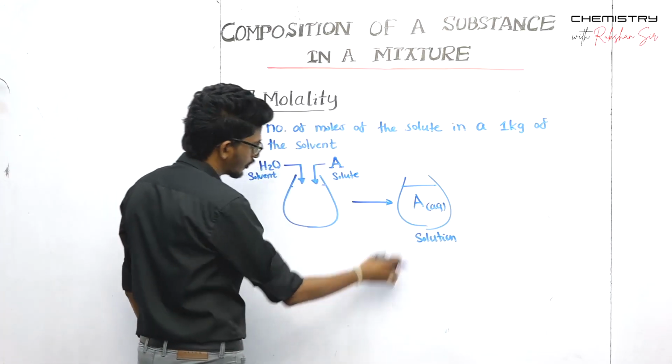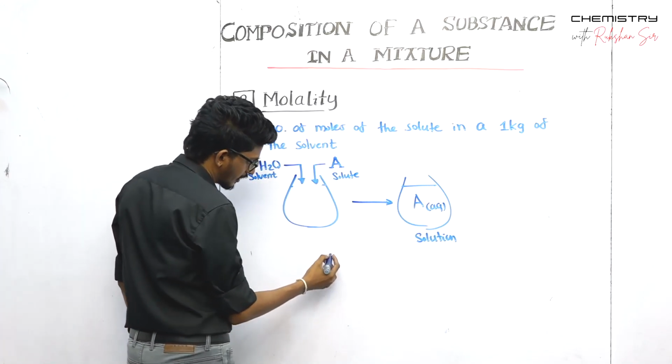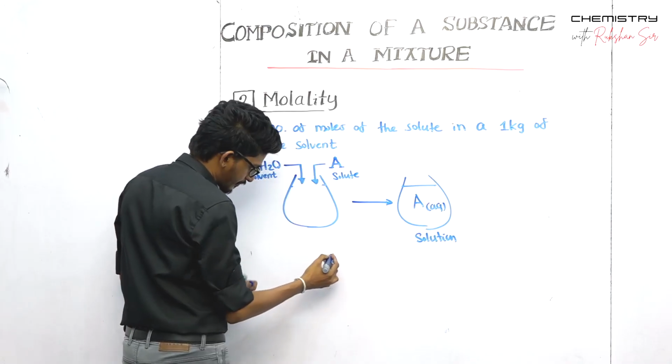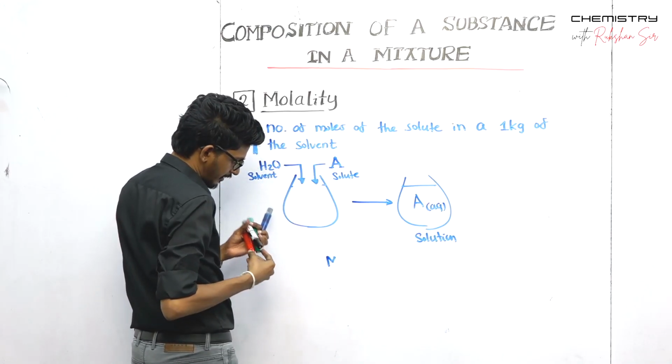So we can write the molality of A. A is the solute now. I'll write it in red color.